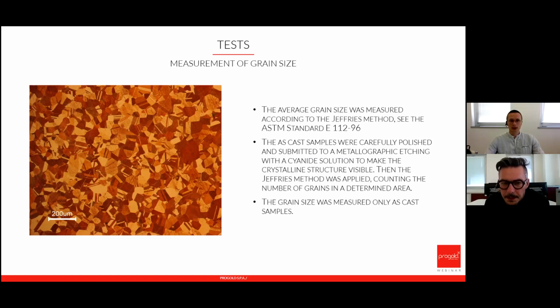Same as before, there is a publication on the ProGold website that you can read by yourself, and if you want us to explain these features of our alloys, we can talk about it apart from here. I think it is going out of the topic of this webinar. But we are available to answer this question, and we also have interesting results about it.